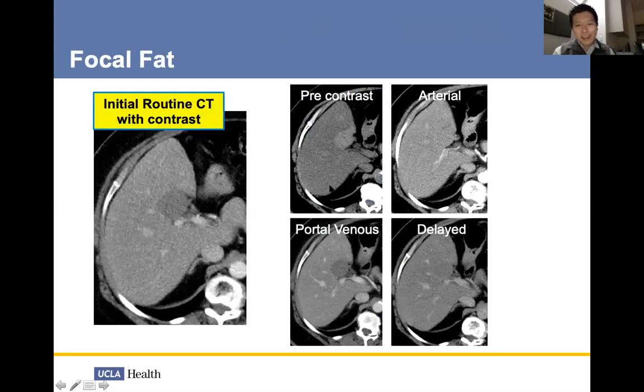On all other CTs that this patient has, it has remained stable, and this is focal fat. Somehow on this pre-contrast phase, though, it is just denser than the rest of the liver. But on all other sequences and all other studies, this is showing up as focal fat. Why wouldn't you just say the rest of the liver is fatty and this is a regenerative nodule that is fat sparing?